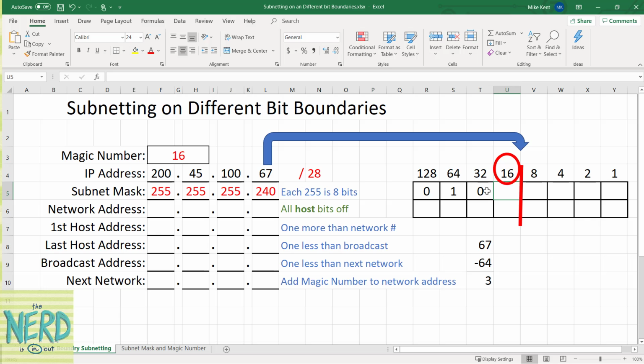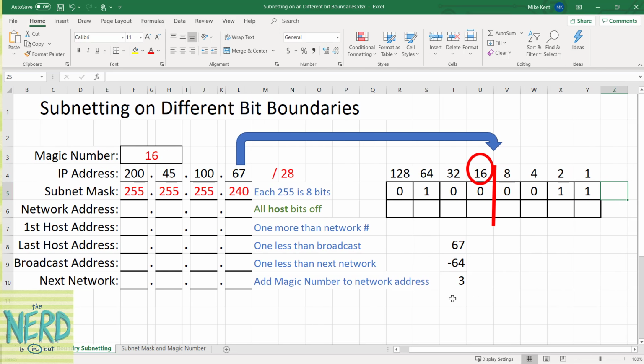That bit's going to be turned off. I can't get a 16. That's going to be turned off. I can't get an 8. I can't get a 4. I can get a 2 and a 1. Because right here, I can get the 2-bit. I subtract 2. That's going to leave 1. And then I subtract 1, and there's nothing left. Okay? So this is the binary of 67.